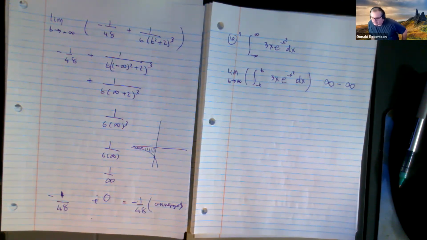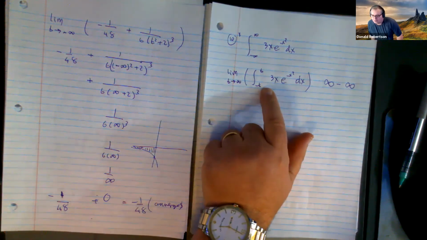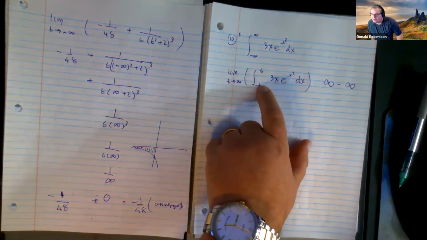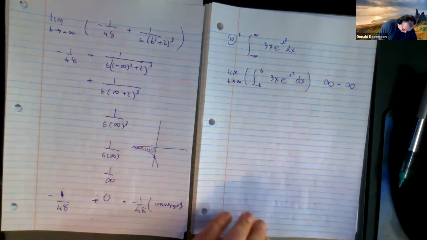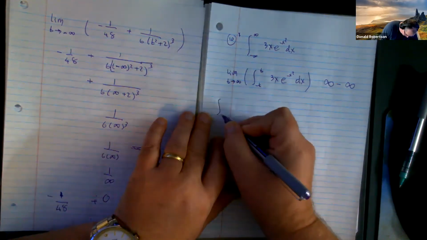We don't like infinities taking away infinities. Some quite interesting problems connected with people doing it this way and coming up with an answer that just basically didn't work. So you might think, well, how on earth do we tackle this question?